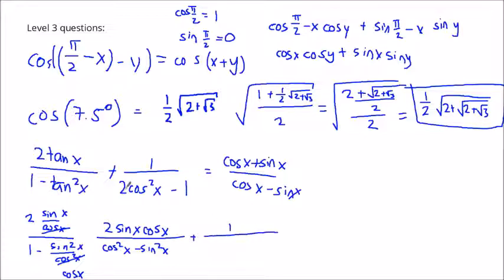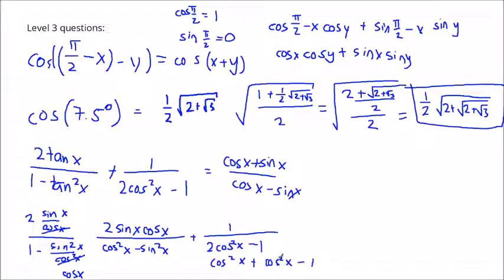And then plus this by 1 over 2 cosine squared x minus 1. But 2 cosine squared x minus 1 is cosine squared x minus sine squared x, right? Am I stupid? I might be stupid. Yeah, I'm not stupid.